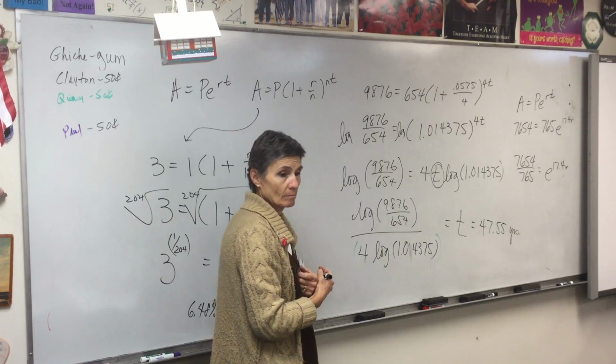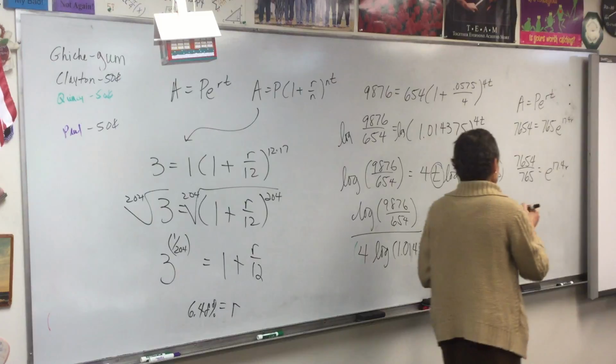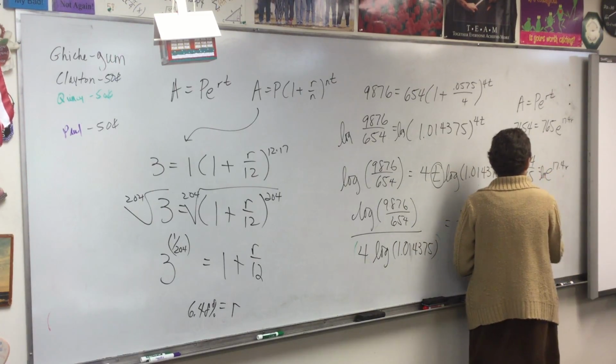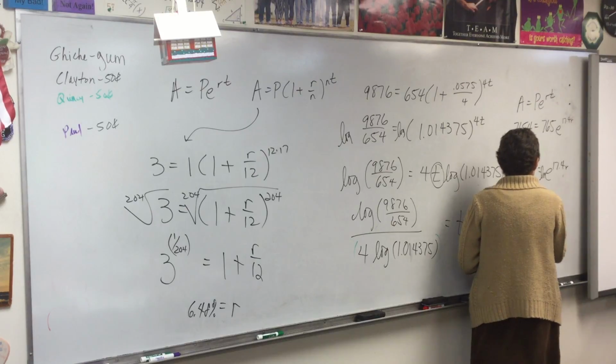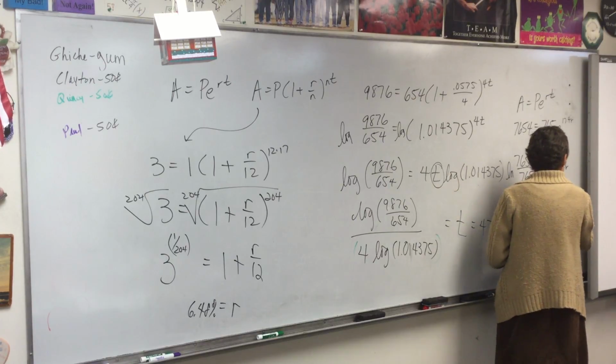Now what? ln both sides. And this is particularly beautiful now because when you ln both sides, over here on the right, I have an ln and an e back to back, so this is just 17.4r.